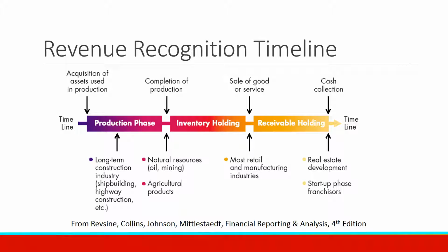None of their lenders or government agencies that are having them do business would know how successful the construction company is or the financial condition if we did not allow interim revenue recognition. So in shipbuilding and highway construction, those kinds of heavy construction businesses, we allow an activity called percentage of completion. So you recognize revenues as you go along.